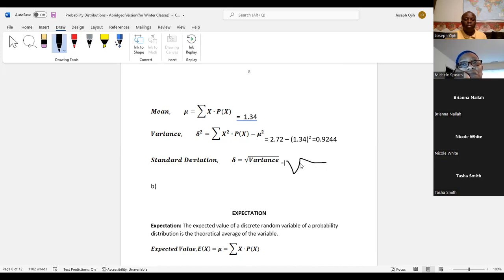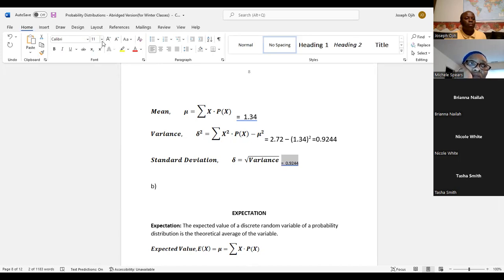Okay, I didn't put it well. Let me clean it. Okay, let me type the variance first. 0.9244. Now I'm going to make it big so that you can see it properly.